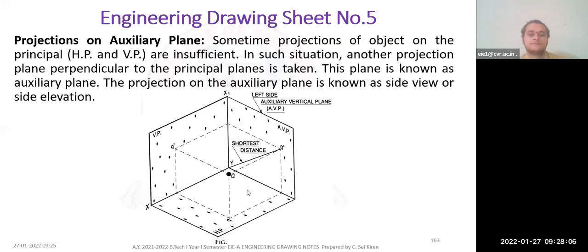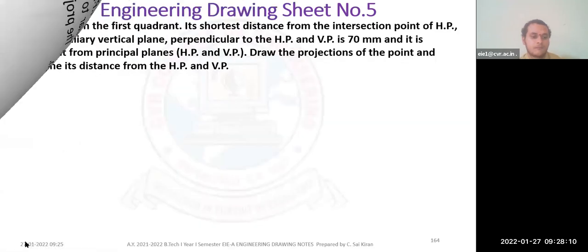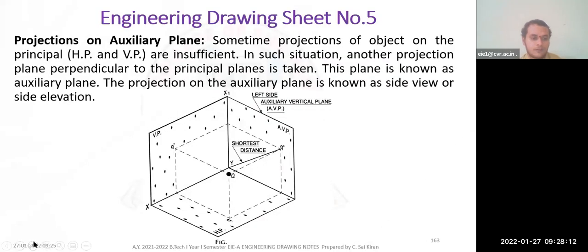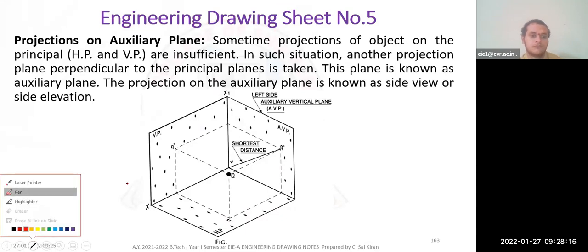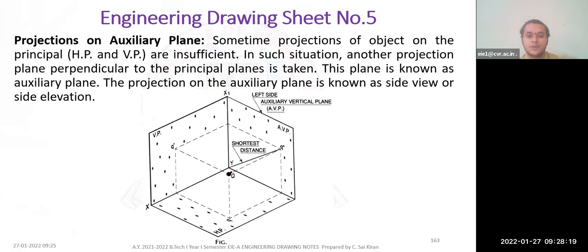So if you look at this one, this is your object. This is my capital letter Q. If I look at this distance, this distance and this distance are same, and this is the h distance, it may be different.